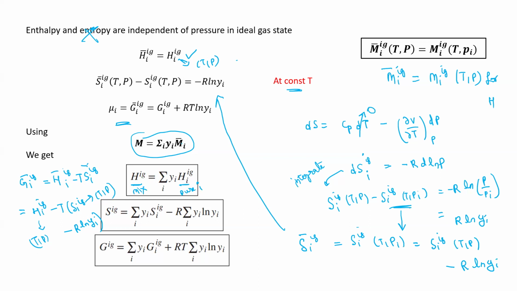Here we see this enthalpy is dependent on the mole fraction, and this entropy is dependent on mole fraction only. Whereas the Gibbs energy depends on temperature and also mole fraction.